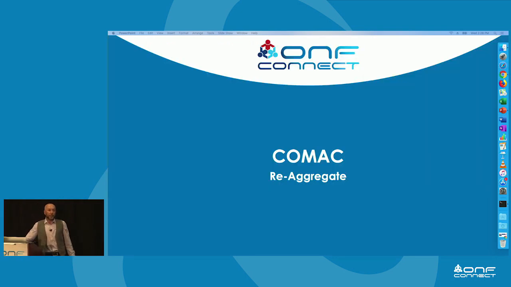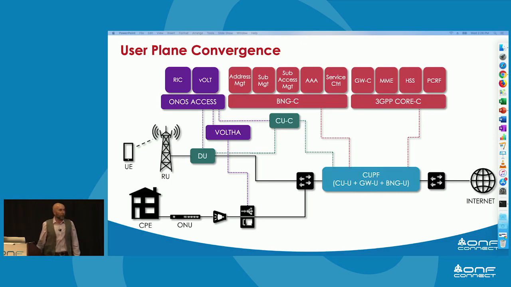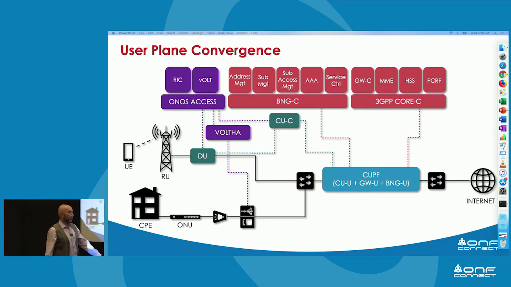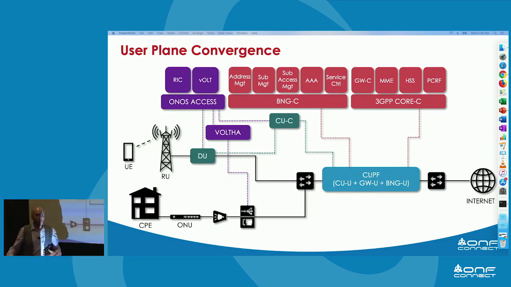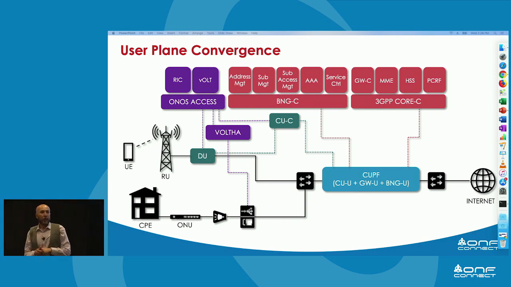Once we are there, then we'll also start re-aggregating. So the first thing to re-aggregate would be the user plane function. We'll call that a converged user plane function. That converged user plane function will include the user plane of CU, the gateway user plane, as well as the BNG user plane.